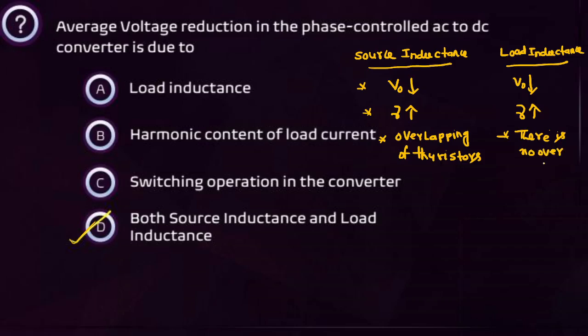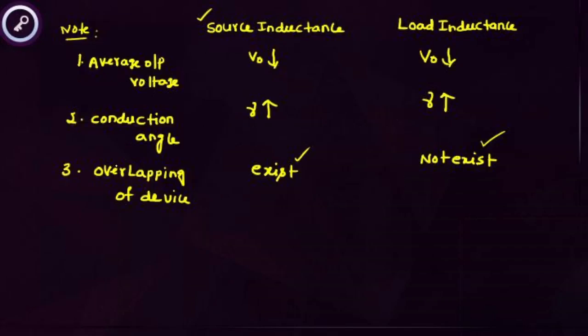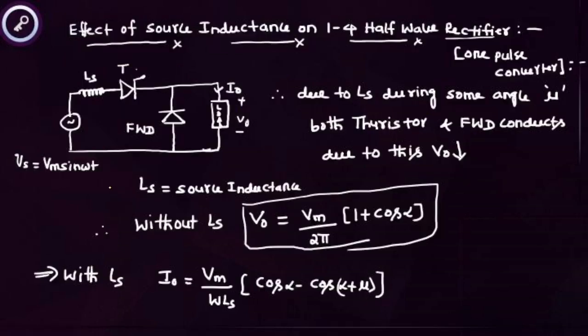Which inductance causes the overlapping of the devices? Only source inductance causes the overlapping of devices. But load inductance does not cause the overlapping of the devices. This is already given: average output voltage, conduction angles, overlapping of the devices. Source inductance causes the overlapping, but load inductance does not.